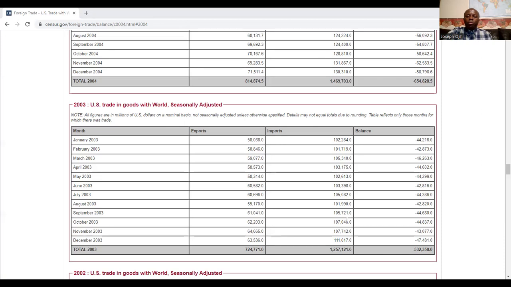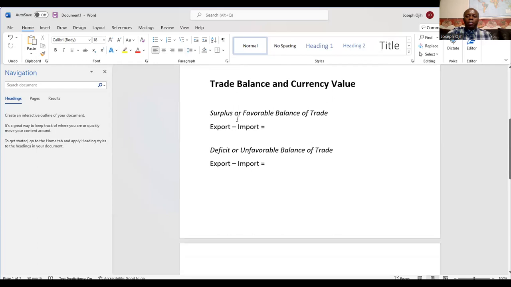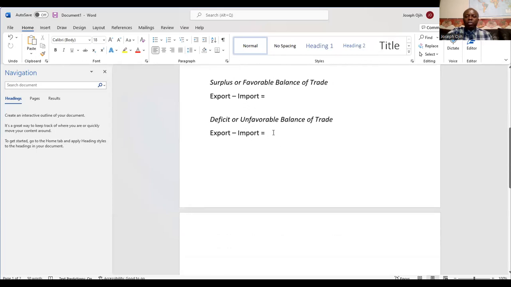Before I explain this, I'm going to break down what deficit and surplus are. Because the US is running a trade deficit, that means exports minus imports is negative for the US.